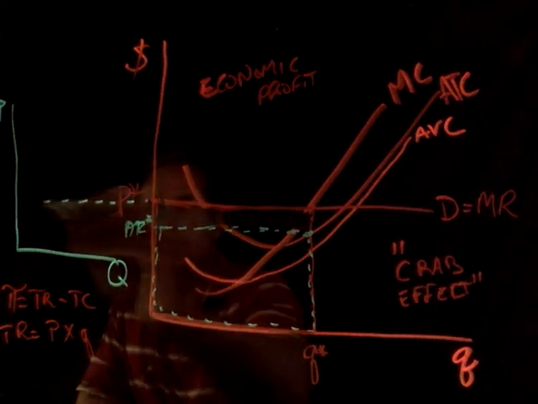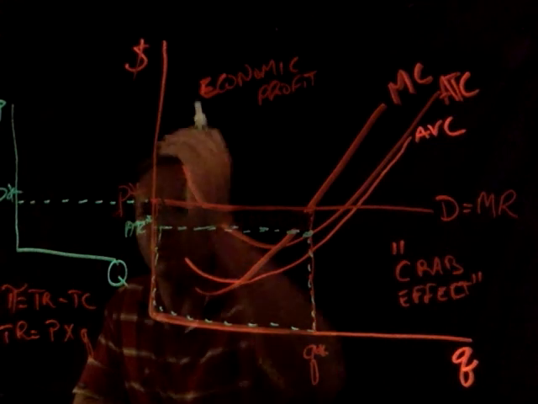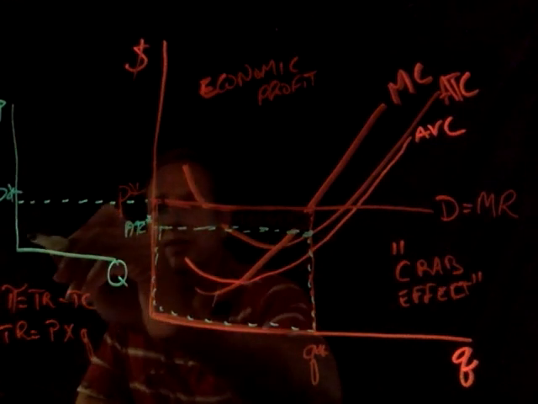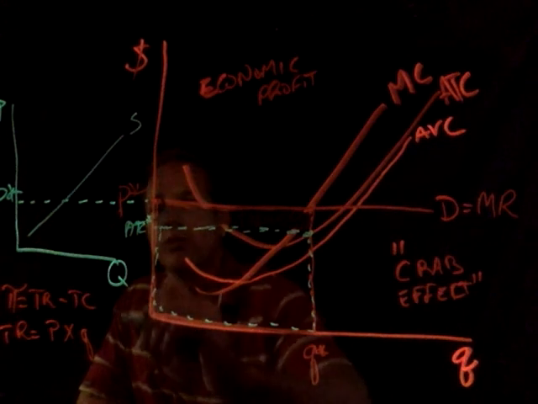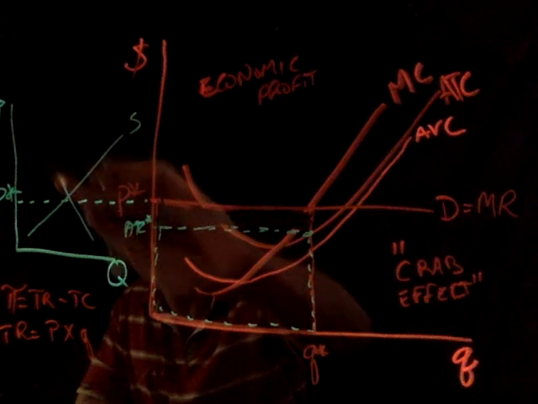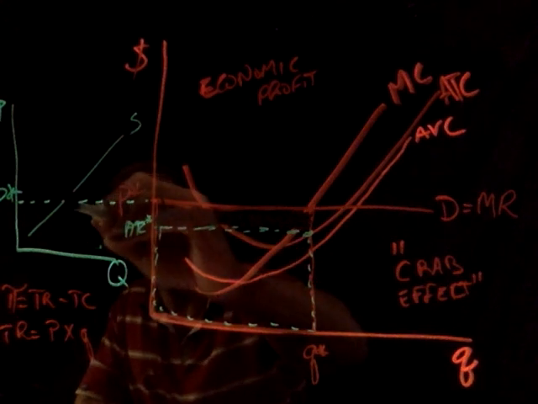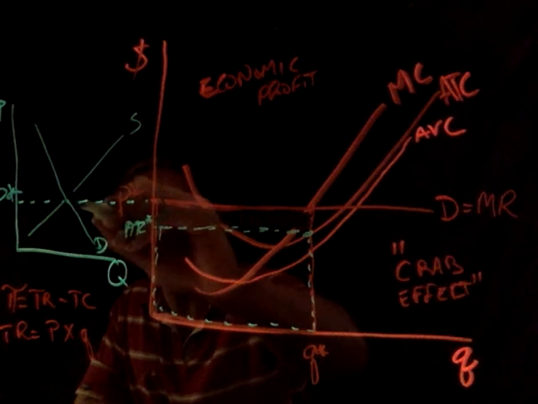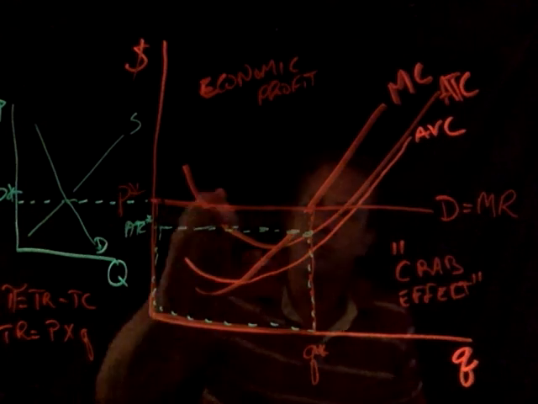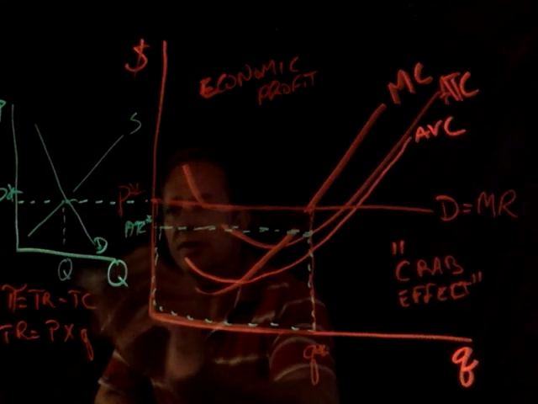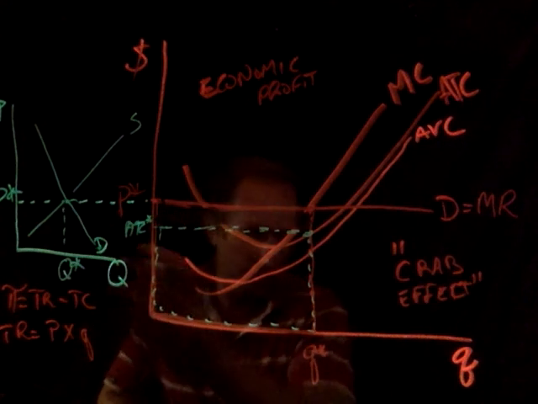Here was the equilibrium price in the whole market when this firm is doing well, making this economic profit. This is the supply for the whole market. This is the demand for the whole market. By the way, this is the total amount supplied to the whole market. That's a totally different scale, of course.